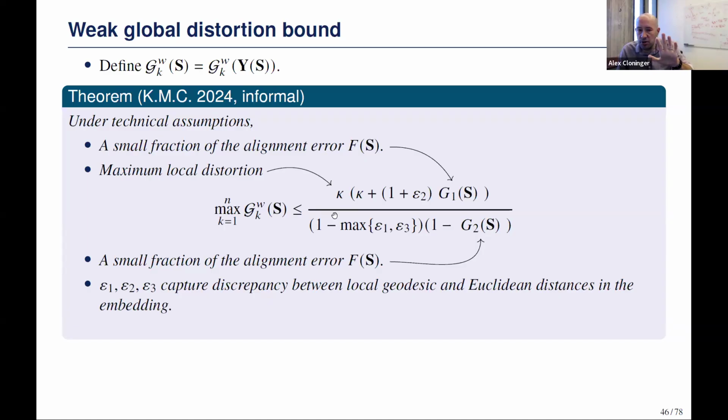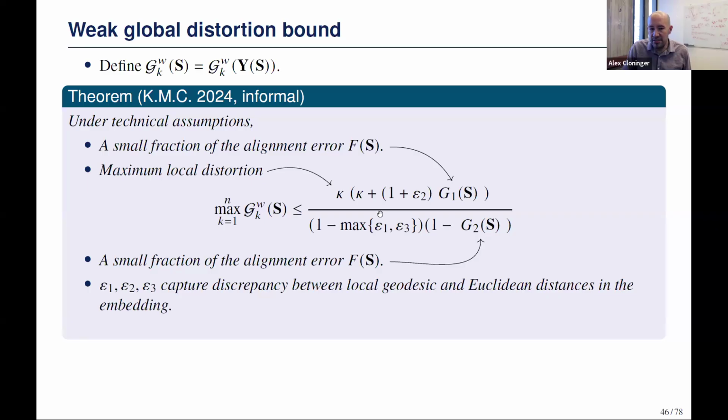If you have a nice local view, kappa is small. Some epsilons that have to do with the curvature of the manifold, things we can't get away from. And these two constants, which are basically related to our alignment error. So what this is saying, this is the thing we're optimizing. We're optimizing FFS.